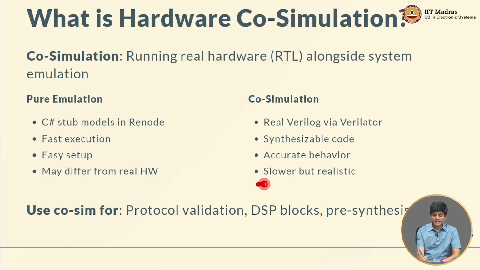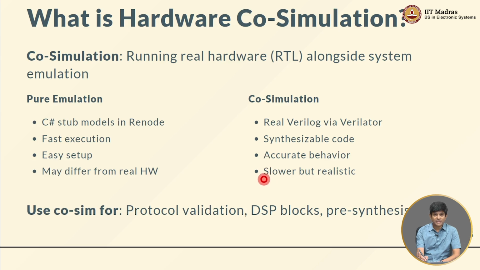What that also means is it is typically much slower, because a stub model is just emulating the functionality, whereas here we are going cycle by cycle and trying to accurately model the behavior of every single step of running the Verilog code, right?